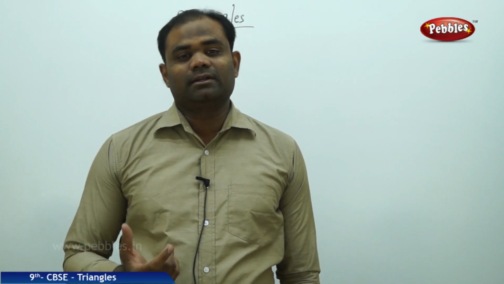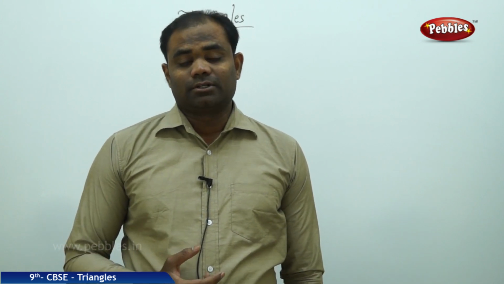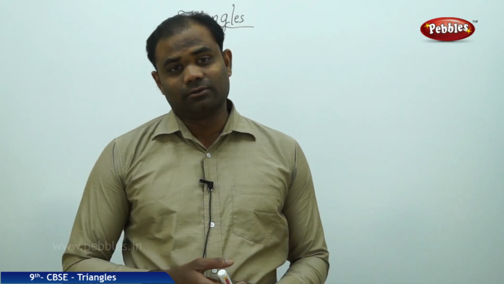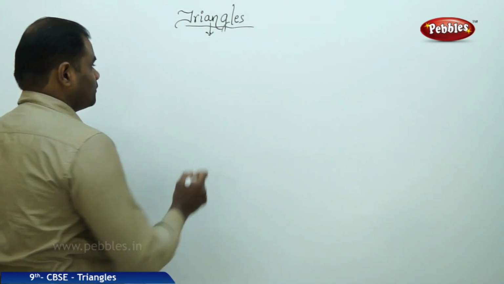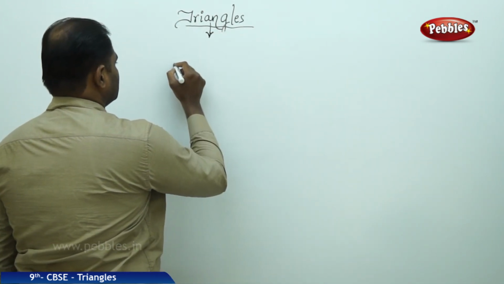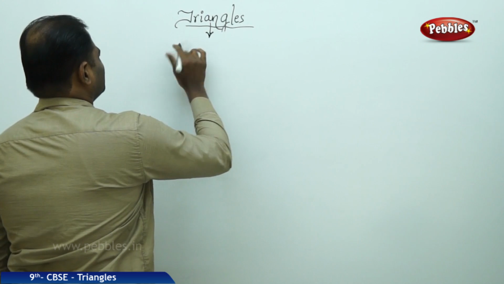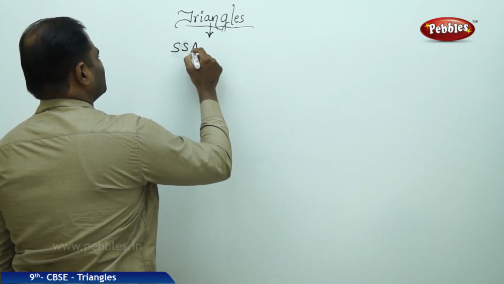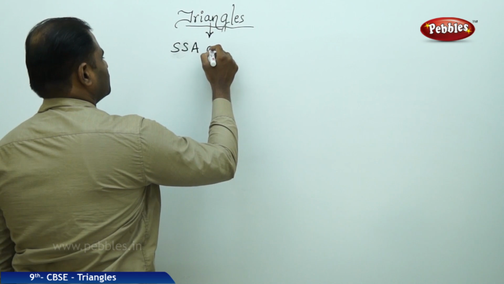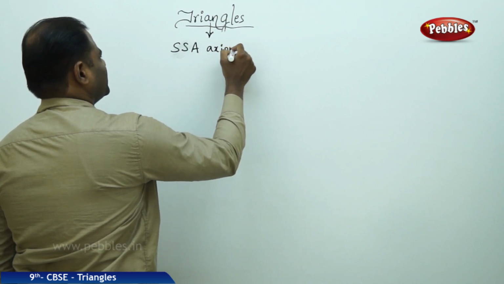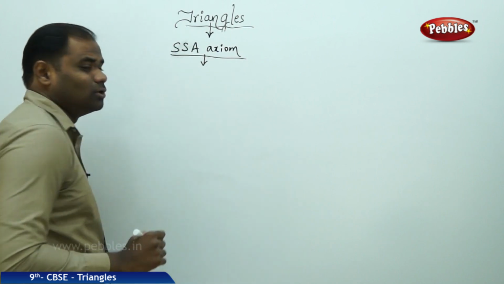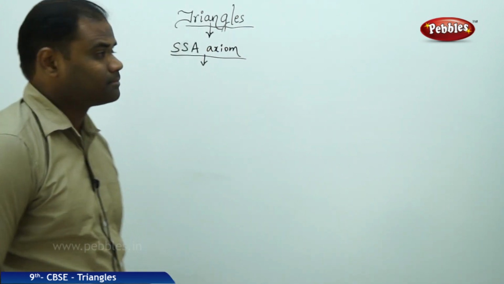Now that we have defined SAS axiom, that two corresponding sides are equal and their included angles equal, then the two triangles are congruent. Let's see what if the angle is not an included angle. That is, if I take SSA axiom, let's see if this holds for congruency of two triangles.